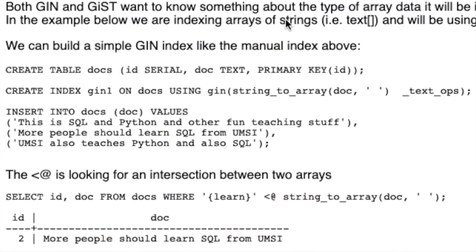Both of them work on arrays, which is stuff that's long and has pieces within it. That's the best way to think of arrays. And they use this operator, the less-than-at sign, which is like contained within, or whether this array overlaps this array. So if this array has one, two, or three things, this other array can be very large. And if there's an intersection among any of those things, that's when it matches.